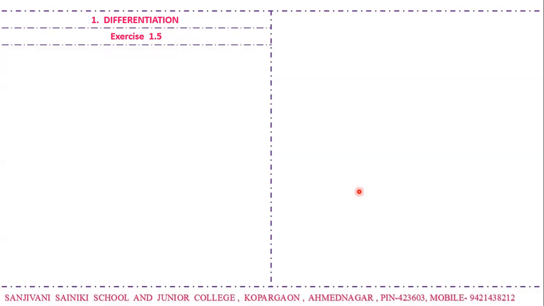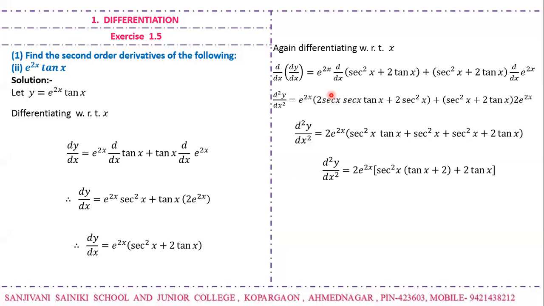So the derivative of the given function, d2y by dx square, is equal to 2 e raised to 2x in bracket sec square x in bracket tan x plus 2 plus 2 tan x. This is the second order derivative of the given function.